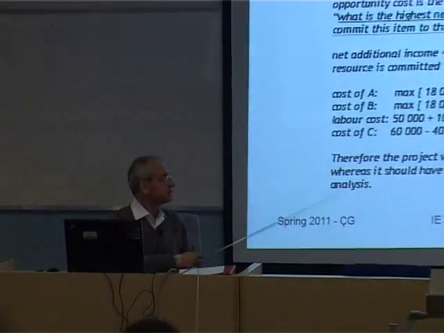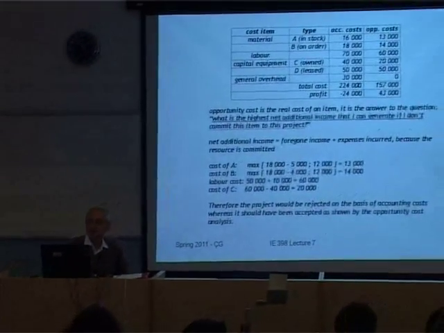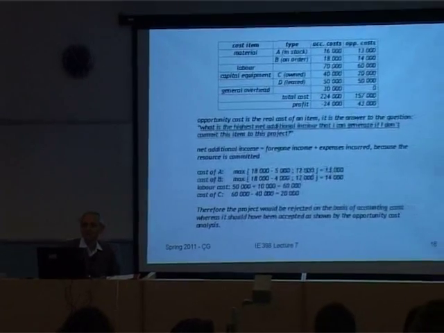But anyway, so now here is the correct calculation at the last column, the opportunity cost column. The accountant's data is given in the middle column, as you can see, in the first column, and we can compare them.